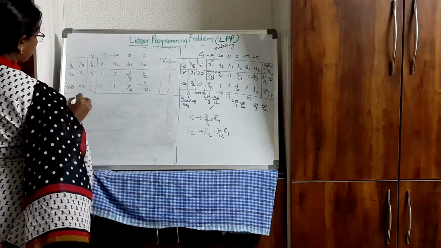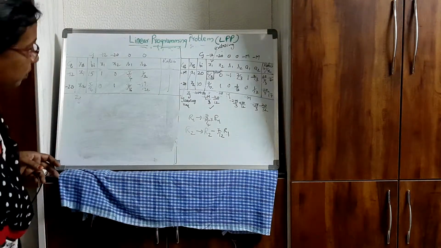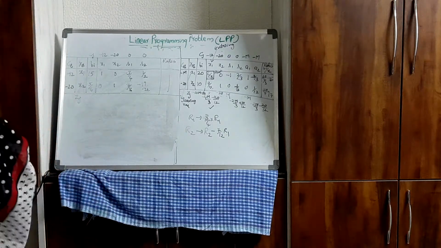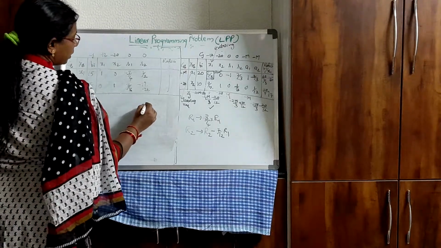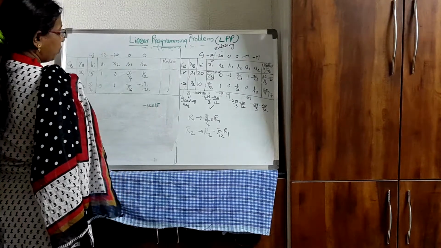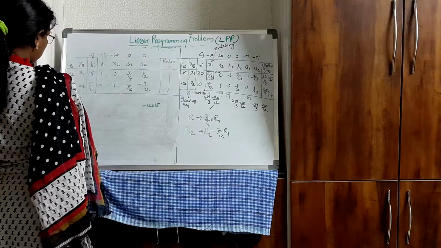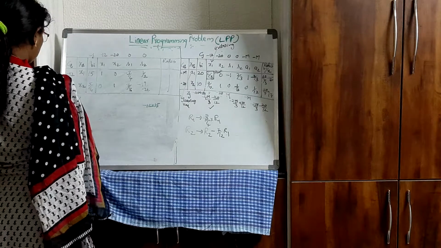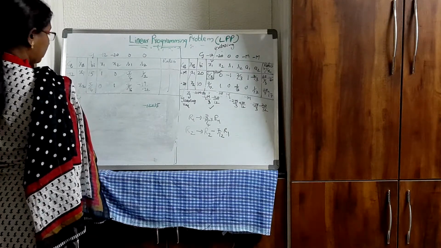So Zj will be, what is Zj? Minus 12 into 15 plus minus 20 into 5 by 4. So minus 12 into 15 will be how much? So this is 180.